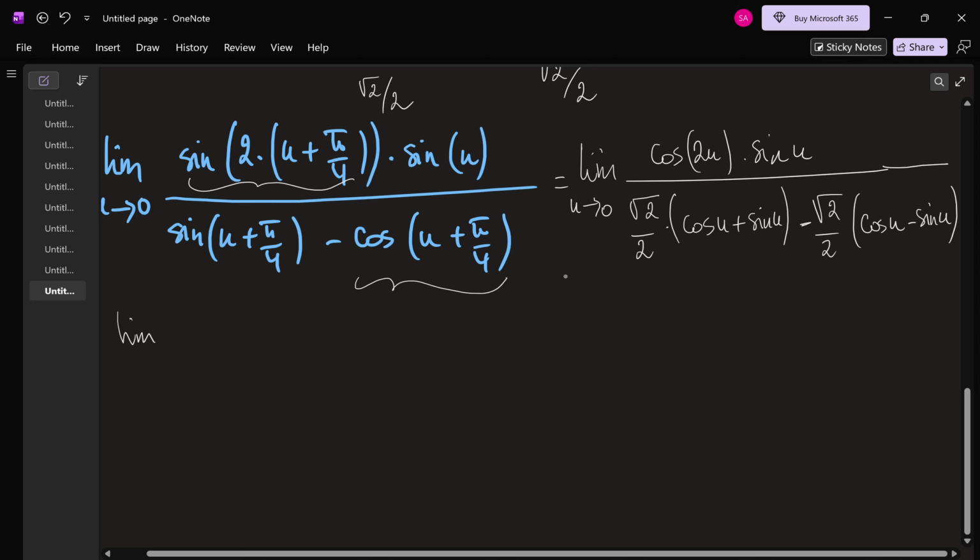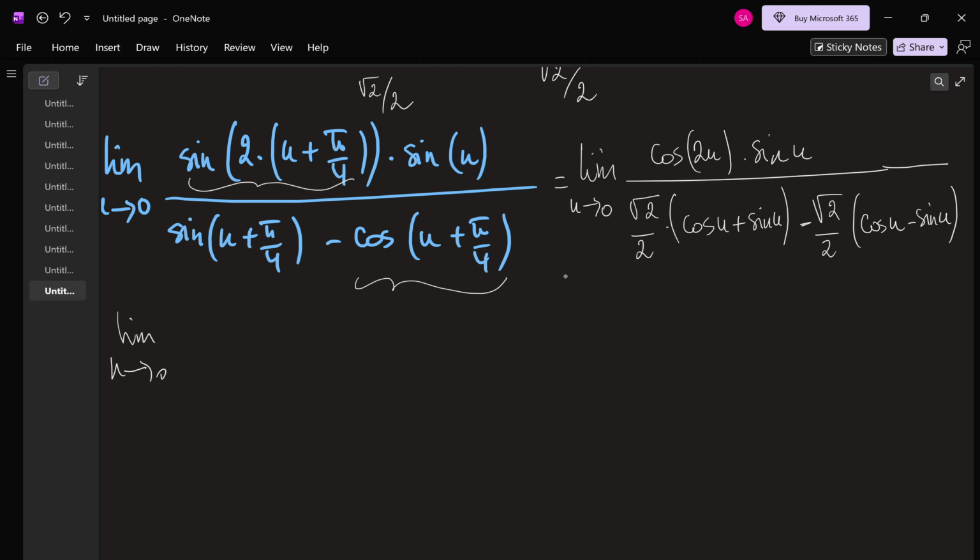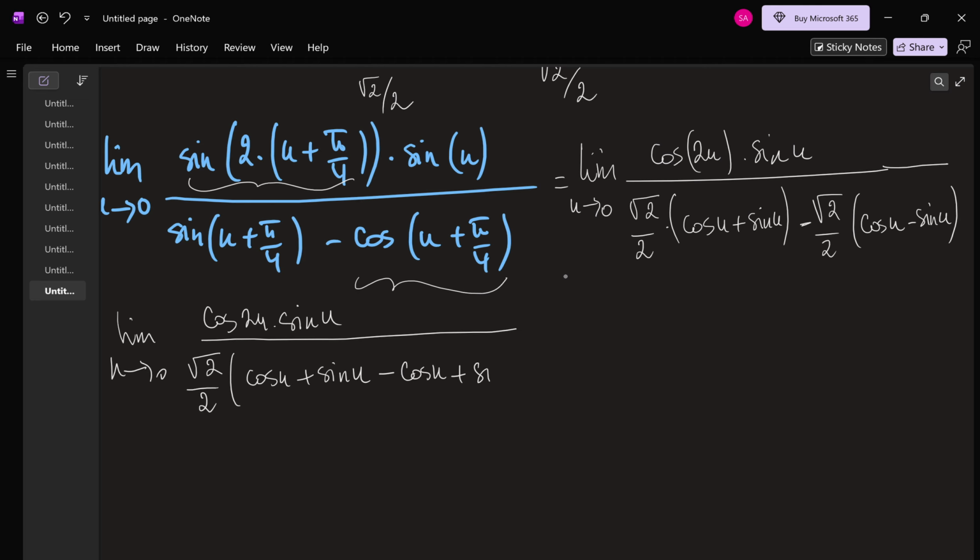So we will simplify this, so we get the limit when u goes to 0 of cosine of 2u times sine u over the square root of 2 over 2 times cos u plus sine u minus cos u plus sine u. So this cosine will cancel with this cosine. Sine u plus sine u is 2 sine u.